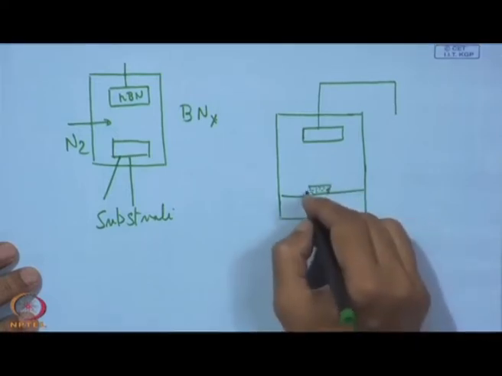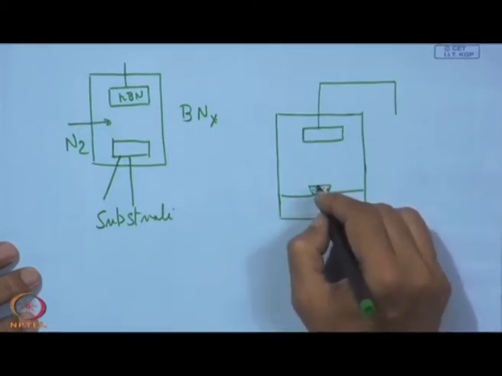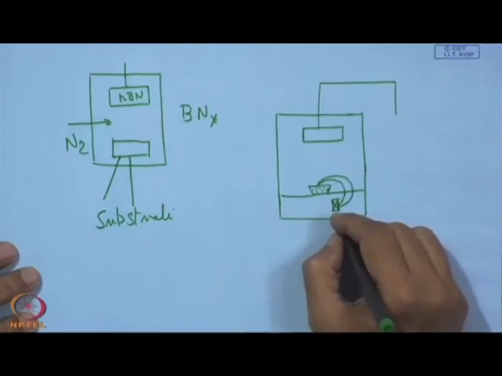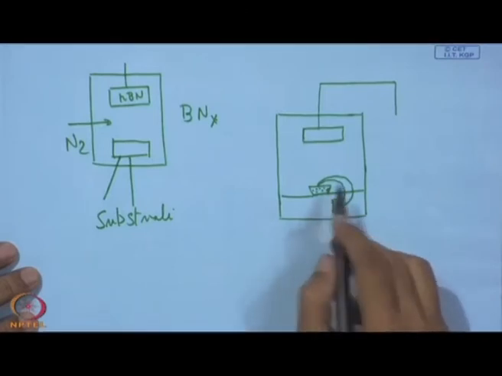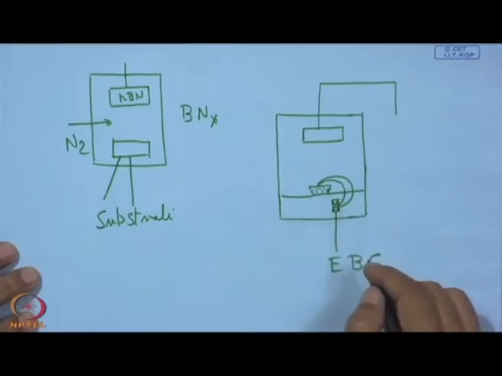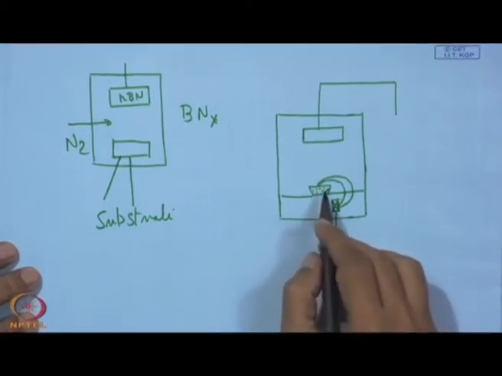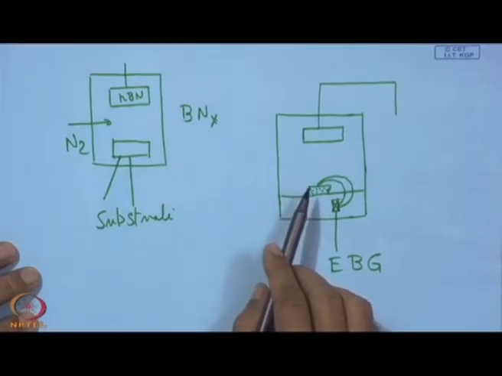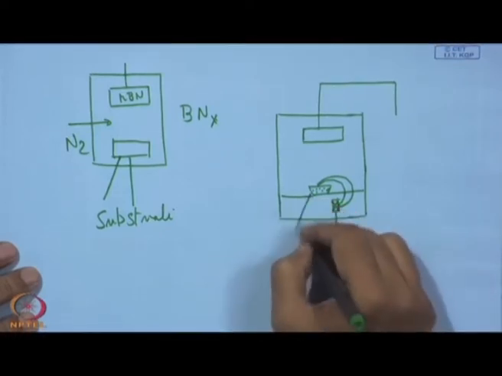It can be a rod or it can be powder of HBN, and here we have an electron beam gun, focused on this surface to evaporate HBN. It can be HBN or even boron. The idea here is to have just boron, because its melting point will be below that.